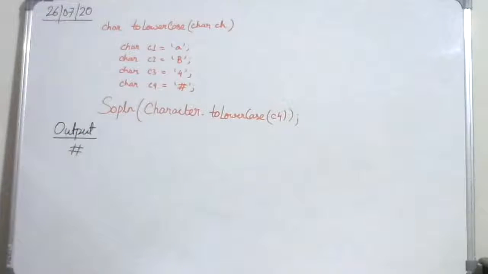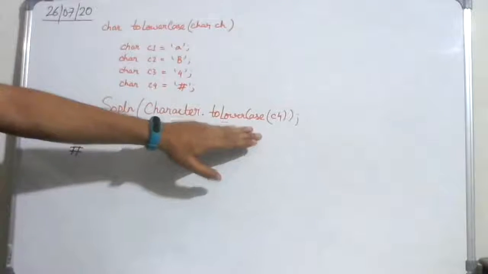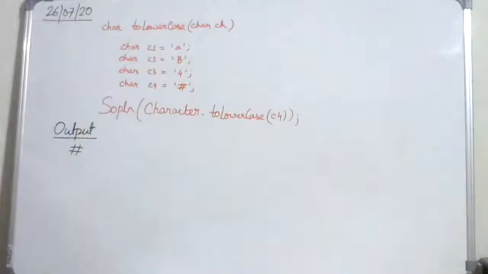So any value other than letters, if passed to the toLowerCase function, it will return it as it is. Once again, if you pass any value apart from letters to the toLowerCase function, it will return the value as it had been passed. So the value remains unchanged.